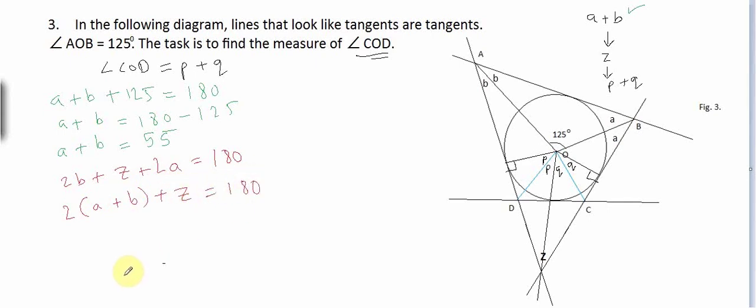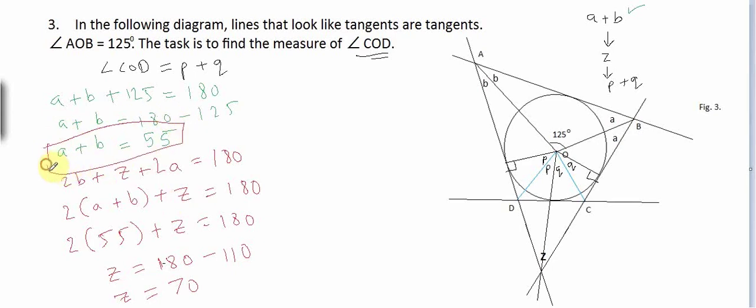And since A plus B is known, Z can be known in the following manner. 180 minus 110, which is 70. Z is 70. A plus B is 55. Z is 70.